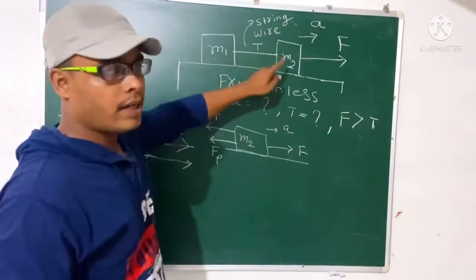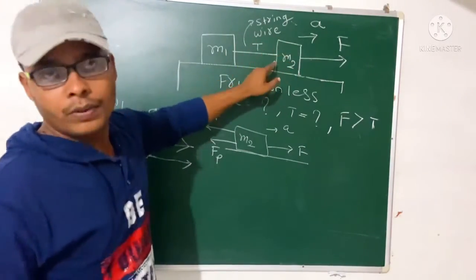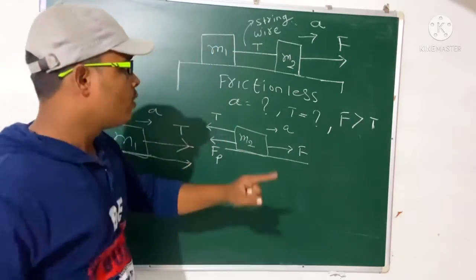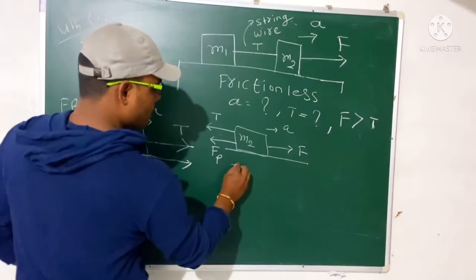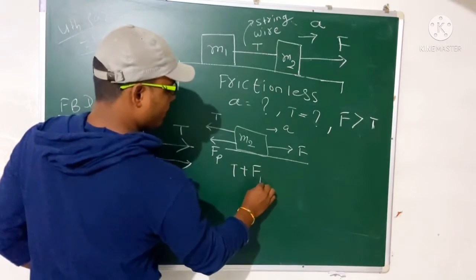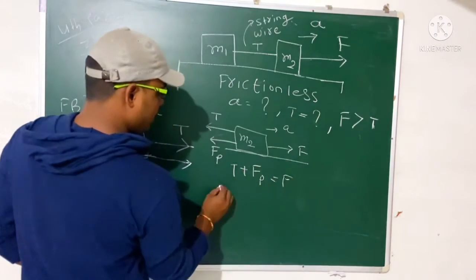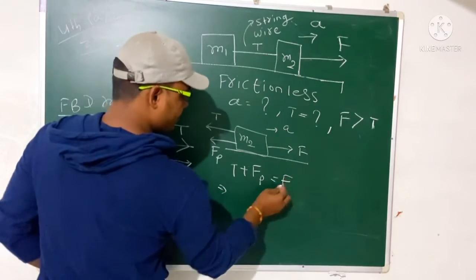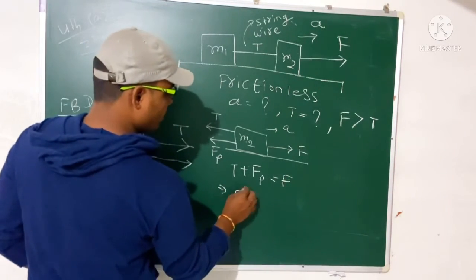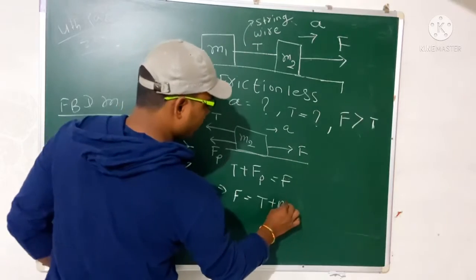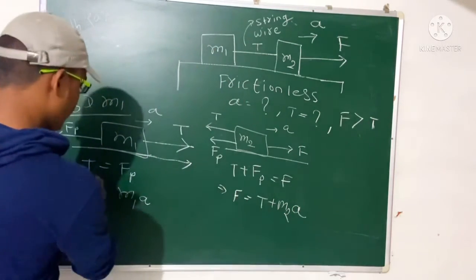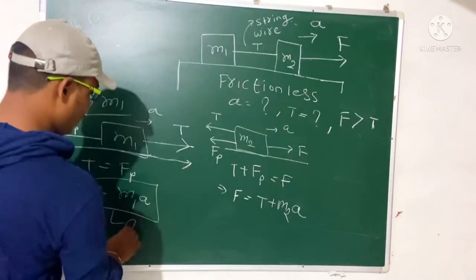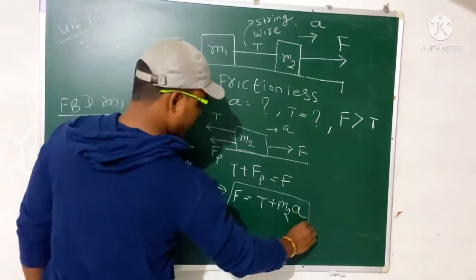We are not discussing the forces acting by M2; we are discussing the forces acting on M2, right? So what is the FBD? T plus FP equal to F. That means F equal to T plus M2a. This is the first equation, the FBD of M1, and this is the second equation.